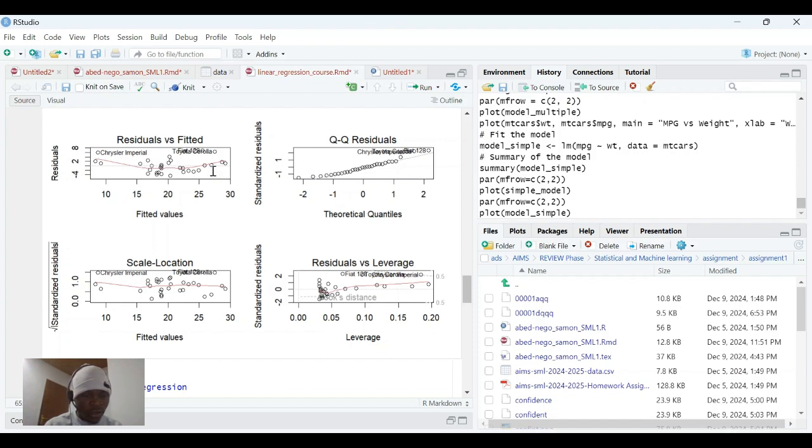The QQ plot we can accept, but for the first plot, in conclusion, we can try to find another, better model, which can do better than this one.